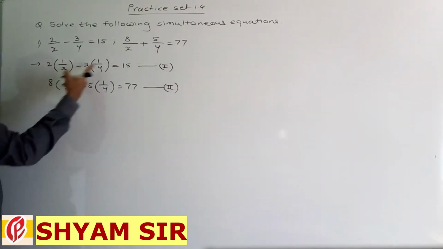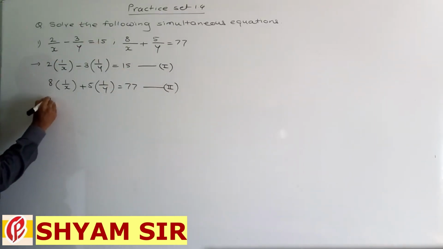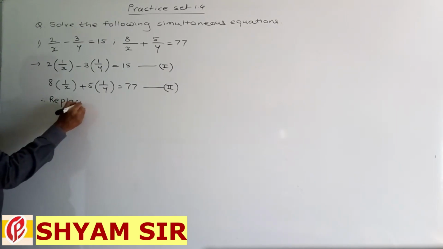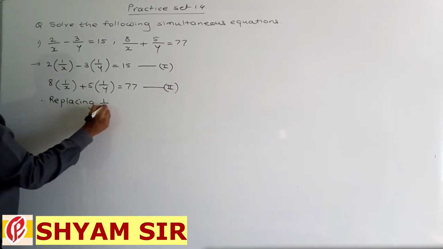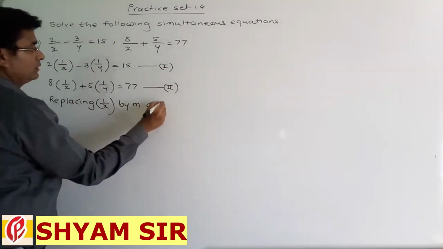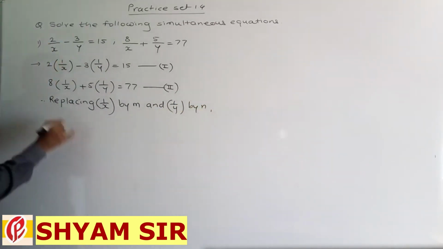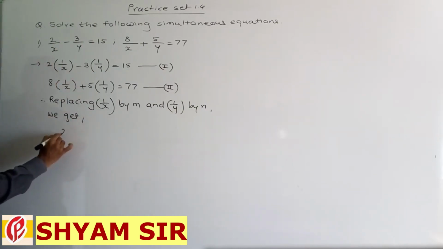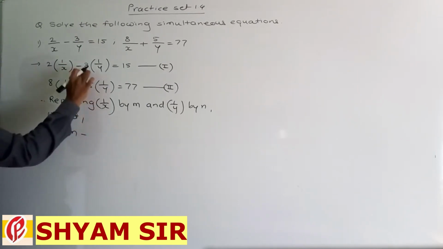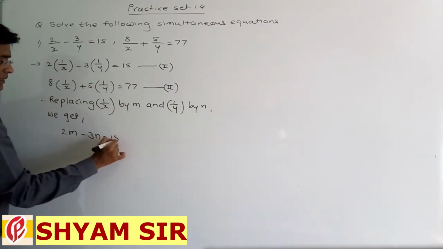Now replacing this 1 upon x and 1 upon y by new variables. Therefore, replacing 1 upon x by the new variable m and 1 upon y by n, we get two equations: 2 times 1 upon x, means m, minus 3 times 1 upon y, means n, is equal to 15.